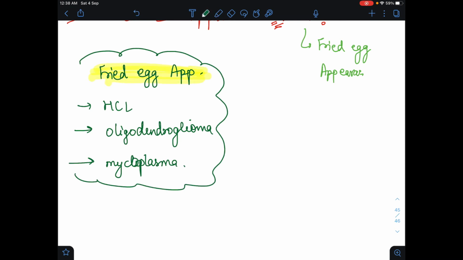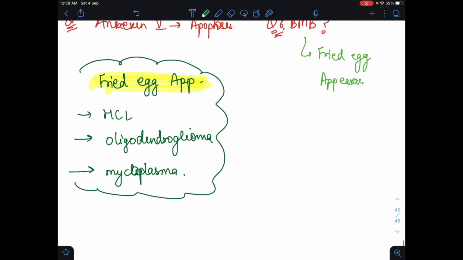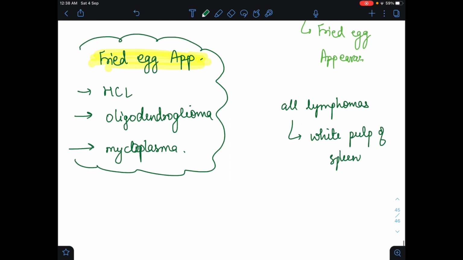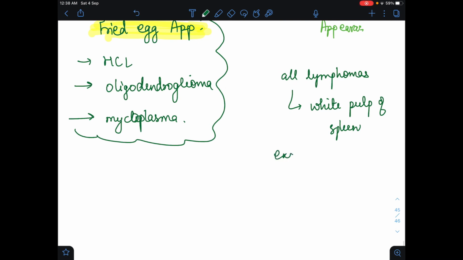Now the second table is that all lymphomas involve the white pulp of the spleen, while there is one exception. All lymphomas involve the white pulp of the spleen, while hairy cell leukemia involves the red pulp of the spleen.